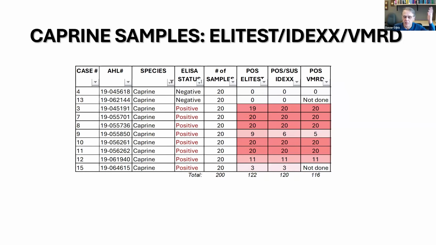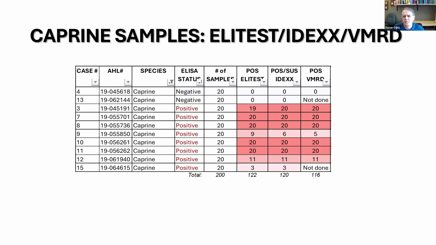And now that IDEXX got discontinued, we did retest because we had a whole bunch of those samples from the project in a freezer, a minus 80 freezer. So we retested them with ELITest and tested them with VMRD. And actually for goat samples, there didn't appear to be much of a difference. Now, I need to add that both ovine and goat samples, or most of those ones, were also confirmed by PCR, and some of the sheep samples were also confirmed by sequencing as confirmation of the true status as positive.